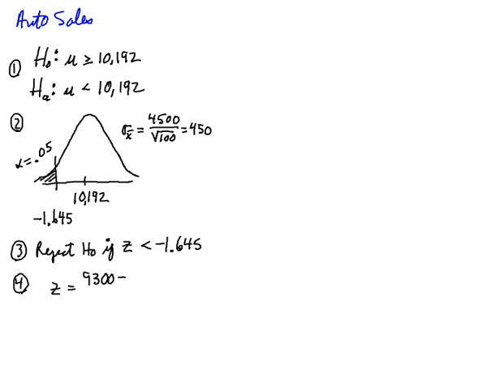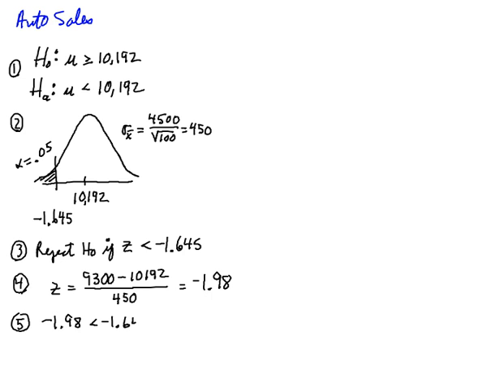I'm trying to figure out how far the 9,300 is from the claimed 10,192, what the difference is in standard units. How many standard deviations are there between those two values? And then calculating that, I would get a negative 1.98. So that is to the left of my critical value, my decision line there.